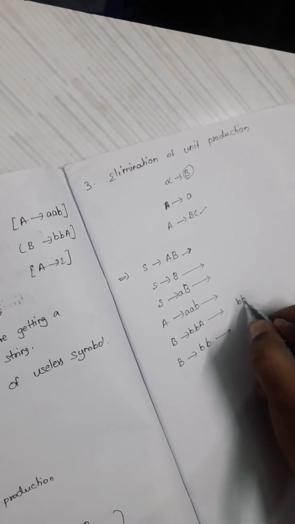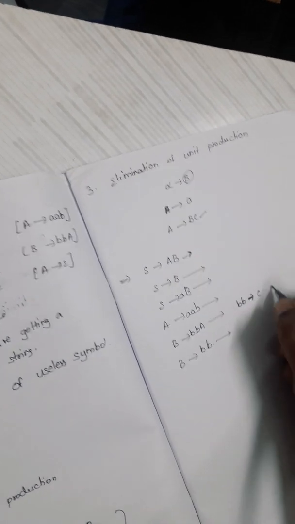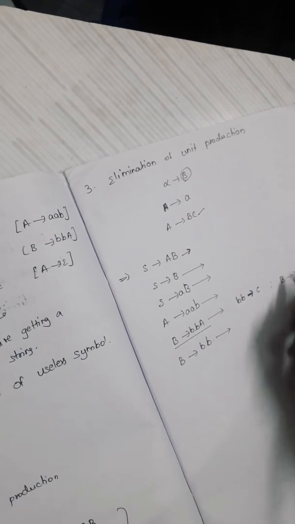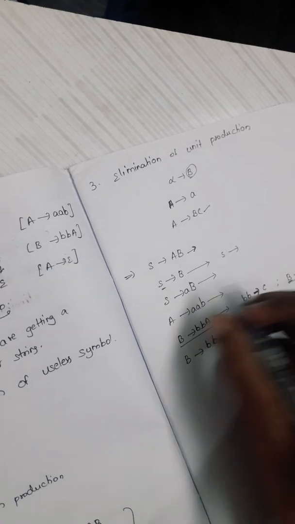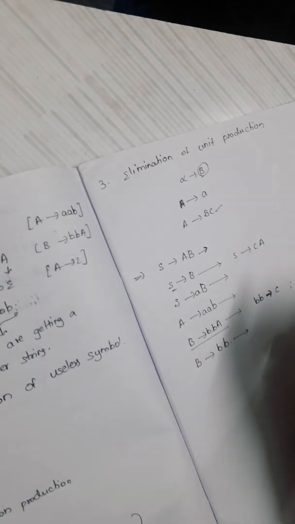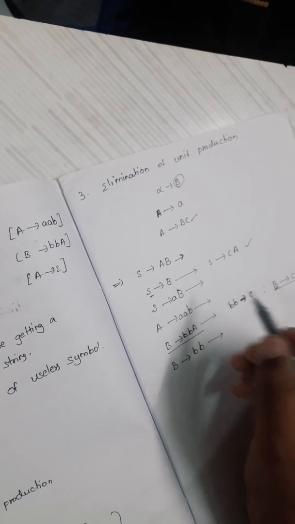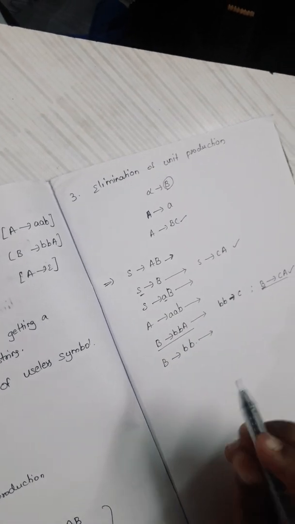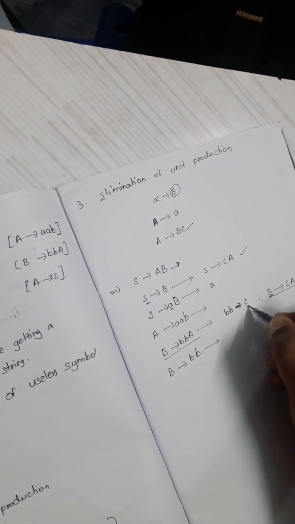Assuming BB as C, we can write BB to C and then A. This B is there, so we can rewrite this as S tends to CA directly.